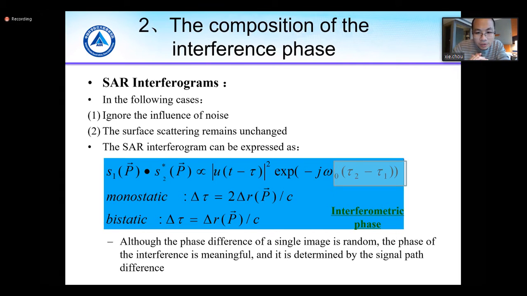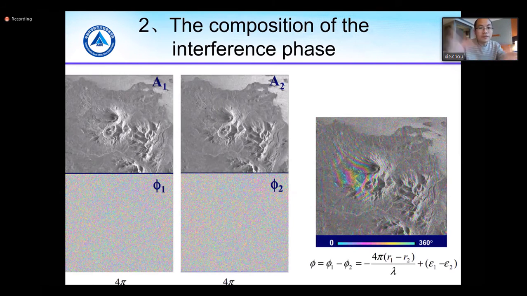Although the phase of a single image is random, the phase of the interferogram is meaningful, and it is determined by the phase difference. In these figures, A is the amplitude, and phi1 and phi2 are the phases.